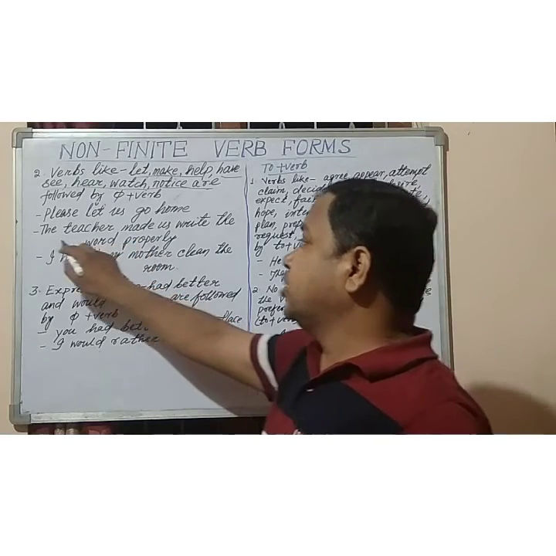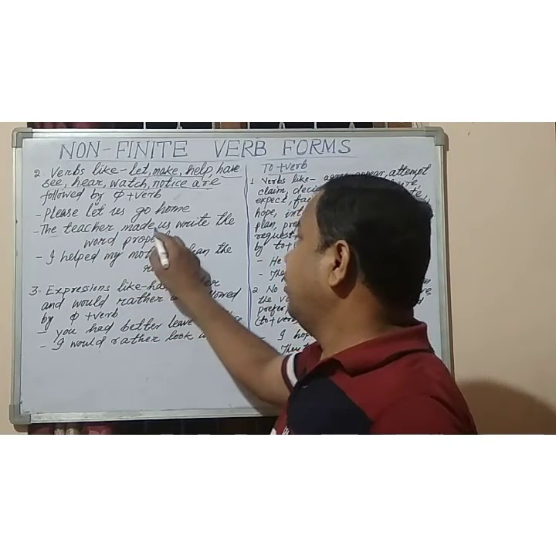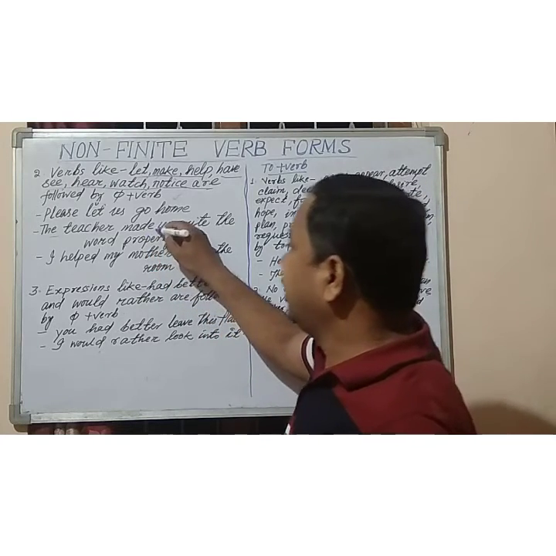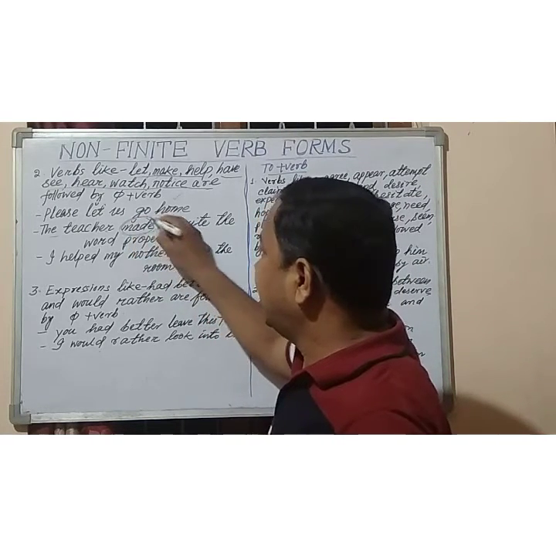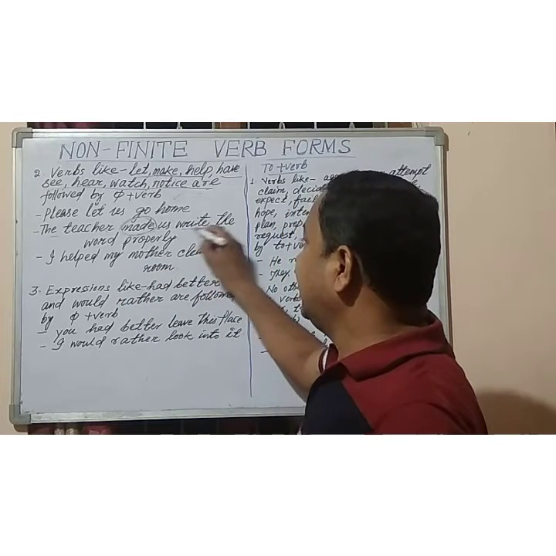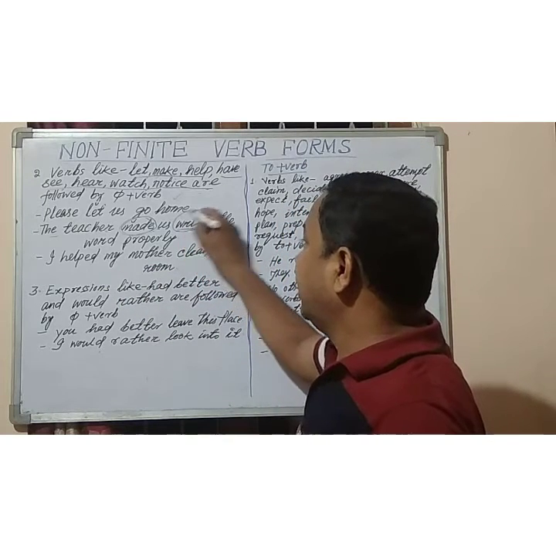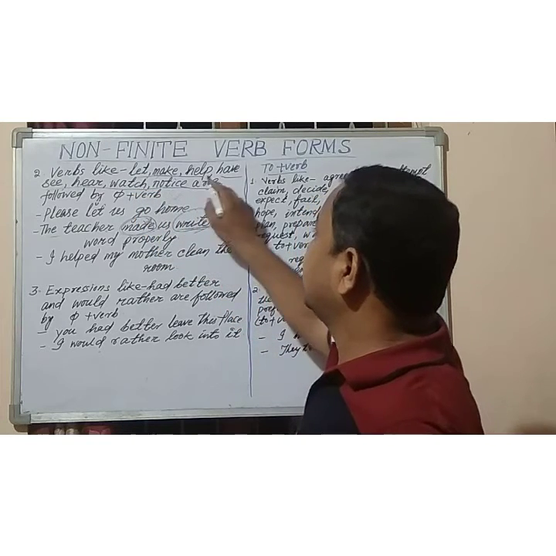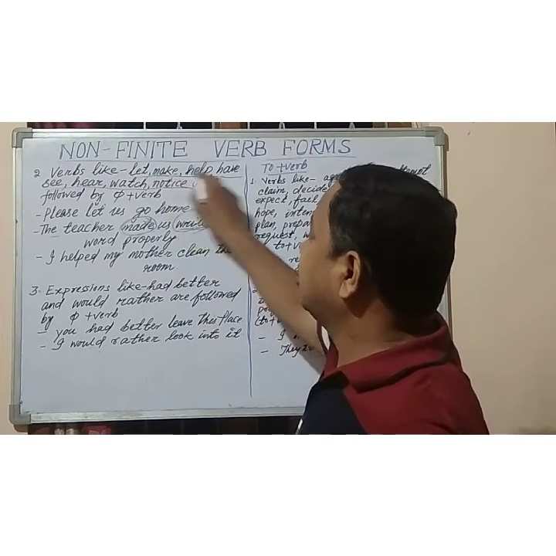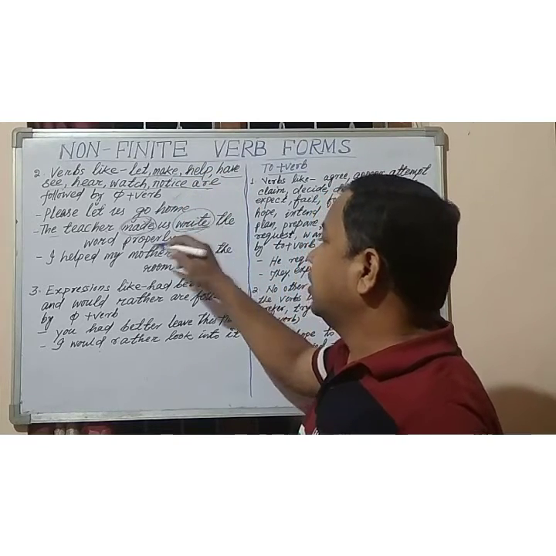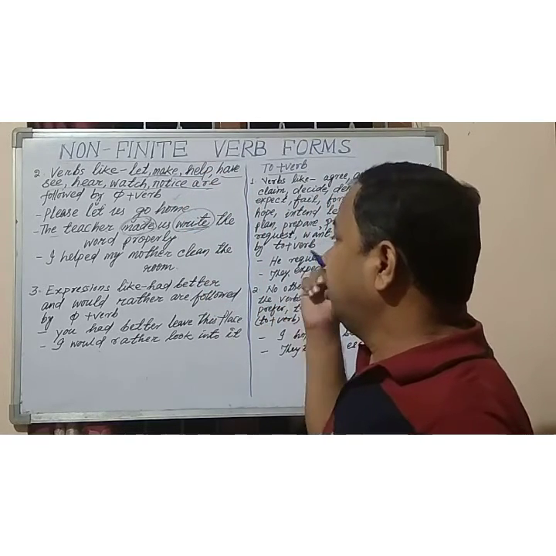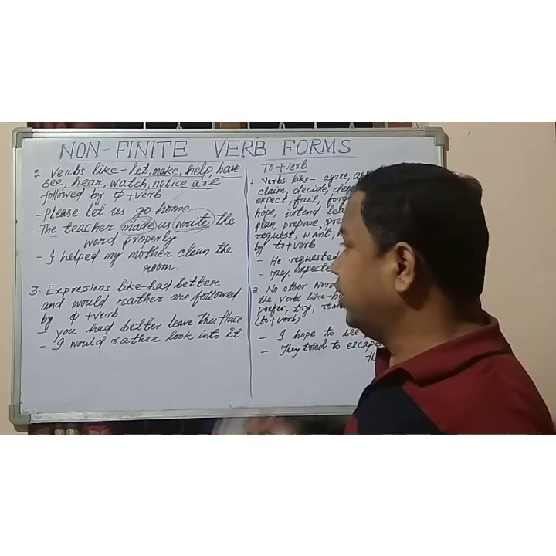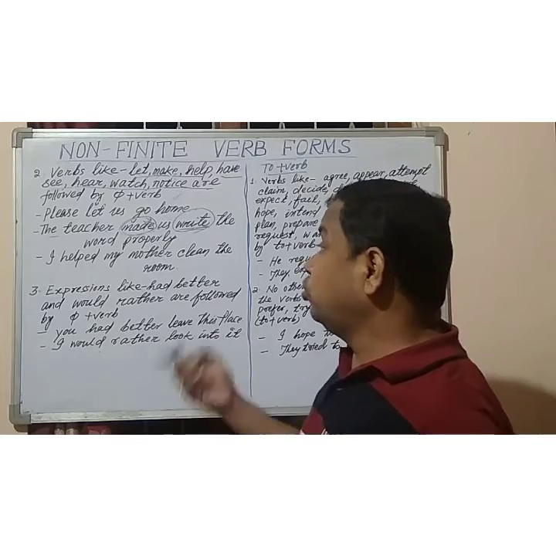In the second sentence, the teacher made us write the word properly. Here made is the finite verb and write is the non-finite verb. As made is here, these are full verbs. After these we write only non-finite verbs, without to.